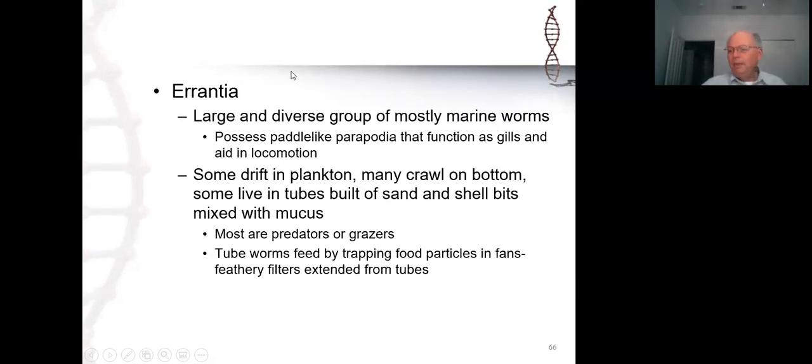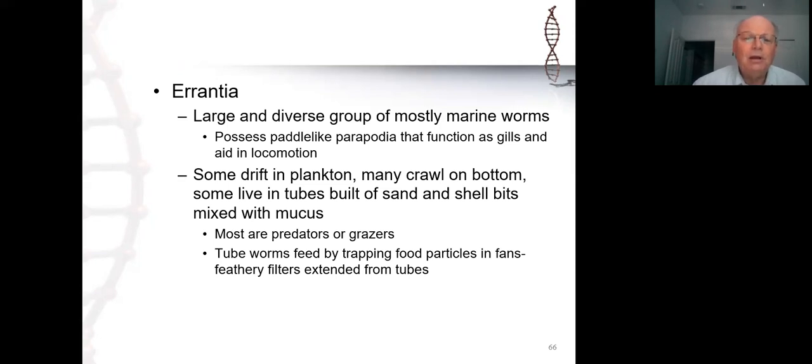So the Errantia include most of the individuals that were in the phylum Polychaeta, and Polychaeta were characterized by being marine worms and having on each segment a pair of appendages called parapodia that have multiple little hairs on them called setae, hence the name polychaete, many hairs.